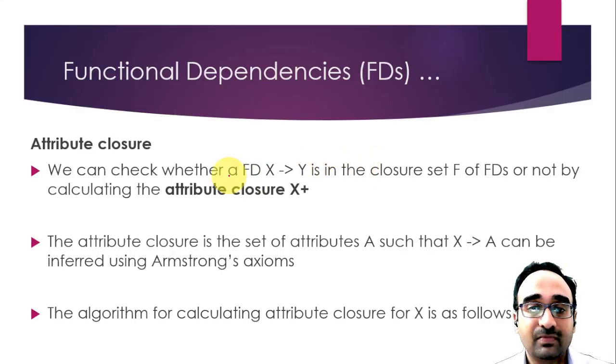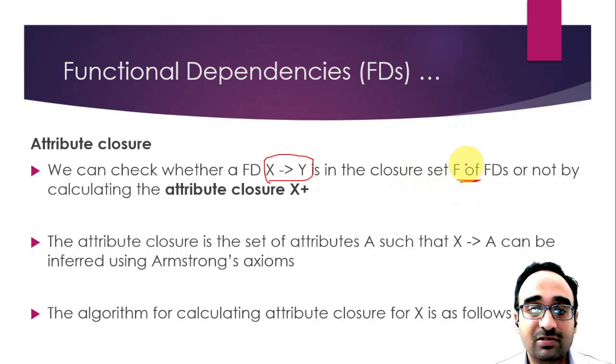Right. And the next one is attribute closure. Previously we have seen FD closure; now you are seeing attribute closure. You use attribute closure whenever you are asked to find whether an FD is part of a set of FDs or not.